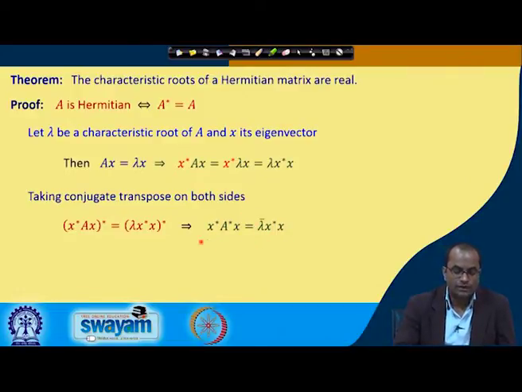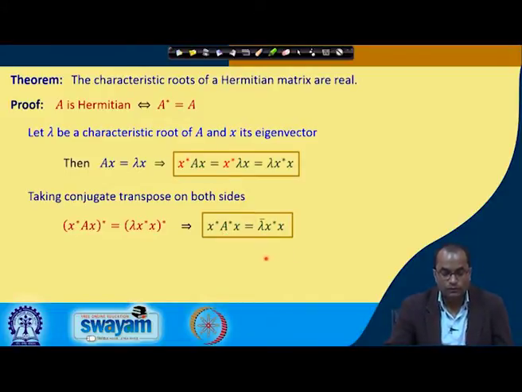So, we have the relation x star A x is equal to lambda x star x, and the relation x star A x is equal to lambda bar x star x, obtained just by taking the complex conjugate. Now we have these two equations whose left hand sides are the same because A star is A.